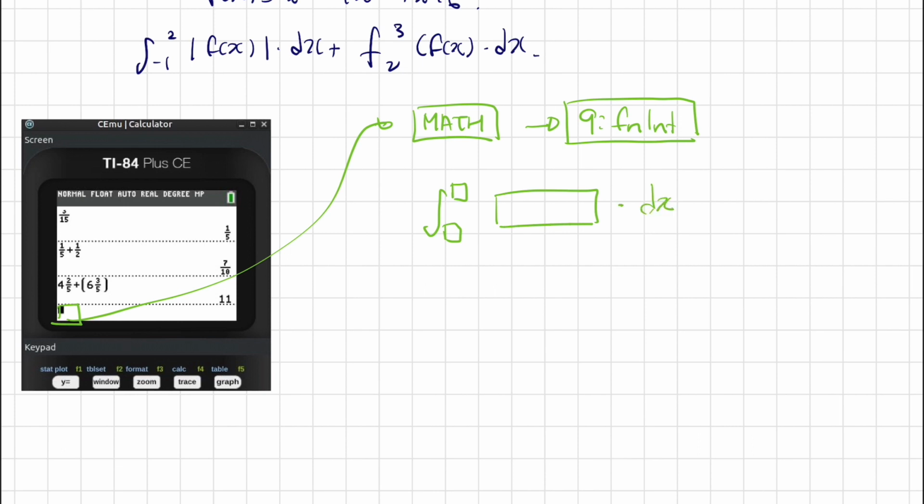Then on this template, you're going to substitute your first equation. You're going to put -1 here, 2 here, and don't forget to put absolute. At this point, I think your question is how do I put the absolute sign in this template function? You have to click the Math tab again.